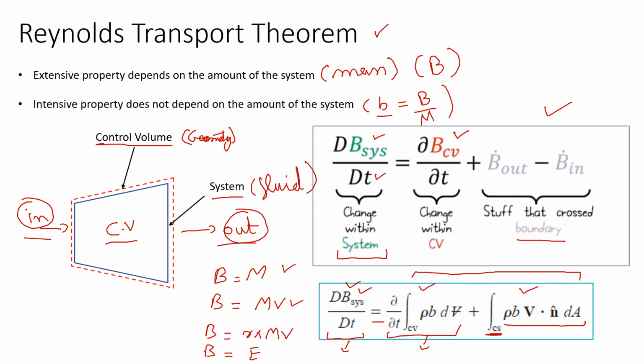This gives us the change in momentum that occurs due to the change in force. It actually enabled us to also take into account the forces that are applied on the system or the control volume, and this helped us to find the torques that are applied by or on the system using a turbine or pump.